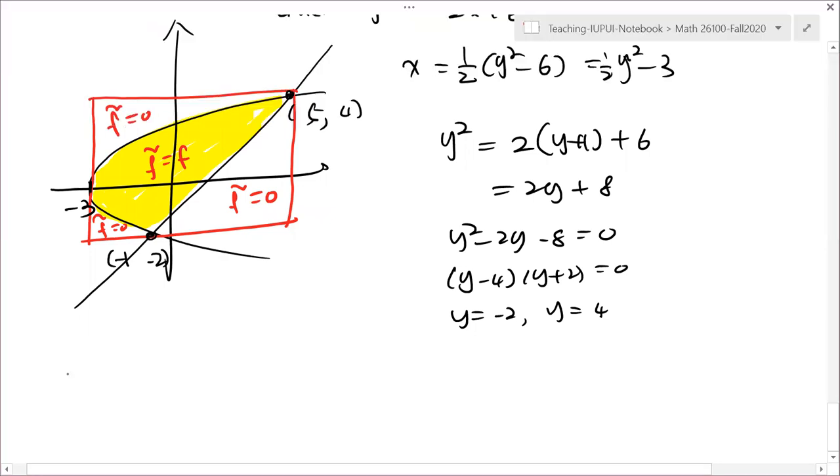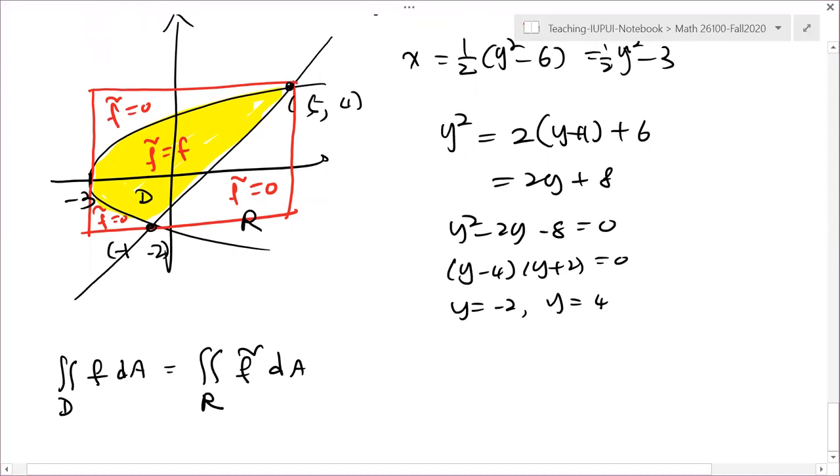So we were told that the double integral over D of f is the double integral of F tilde over this rectangle region. Then you have 2 different ways to set up the iterated integrals. Here x goes from negative 3 to 5, and y goes from negative 2 to 4. Make sure this is right.